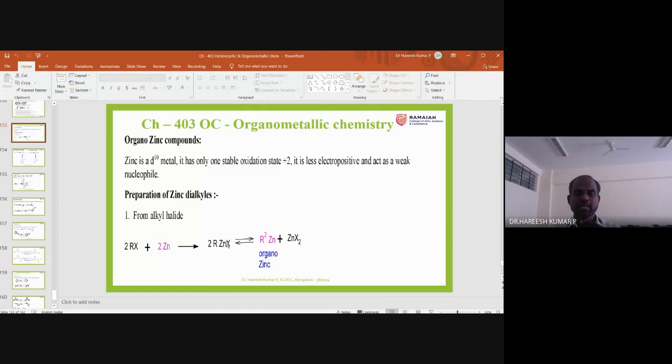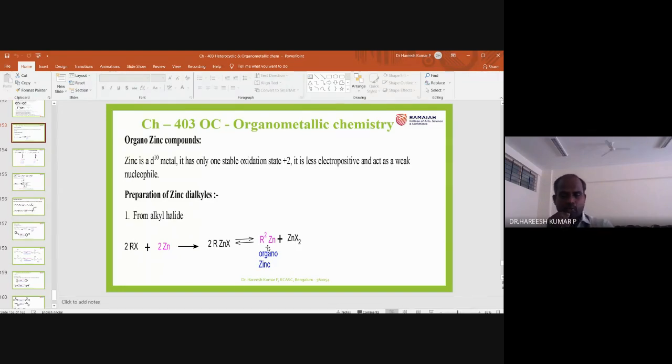This alkyl zinc halide will be in equilibrium with 2 molecules of R and Zn. This formation is there, no? 2 molecules of R means 2 molecules of alkyl and 1 molecule of Zn.